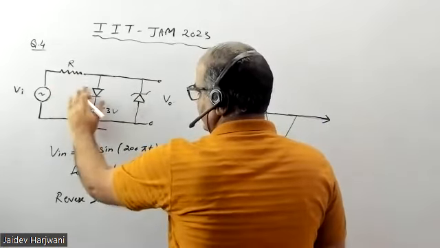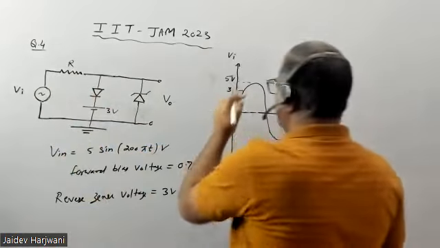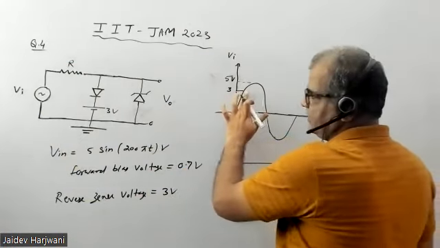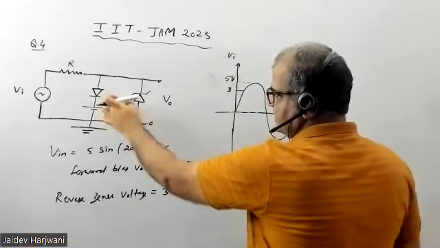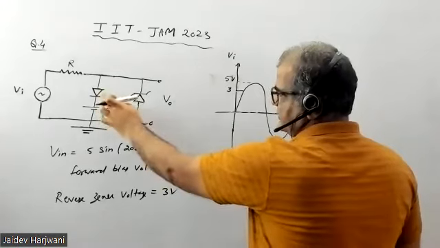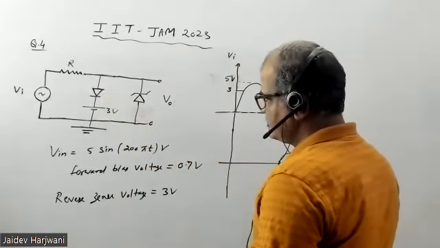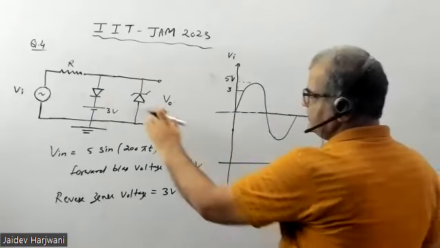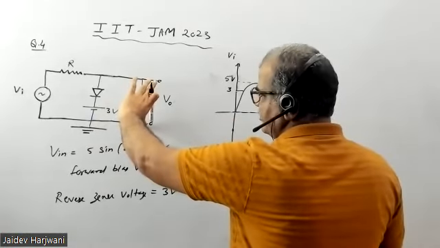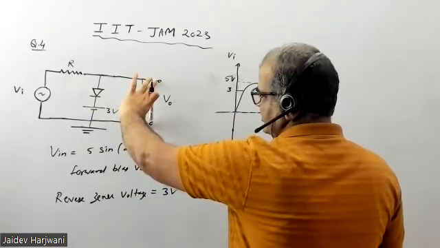So when we increase the input up to 3 volts, this is also open, and this is also open, this diode also open. At 3 volts, this diode starts conducting, and the voltage becomes fixed. Output voltage becomes 3 volts.